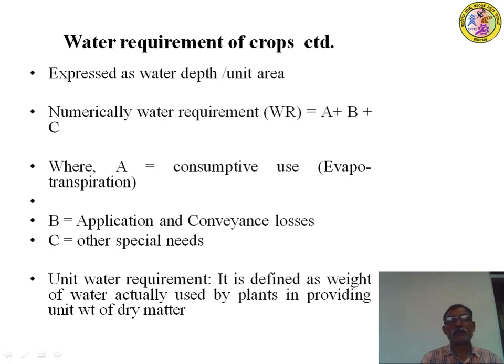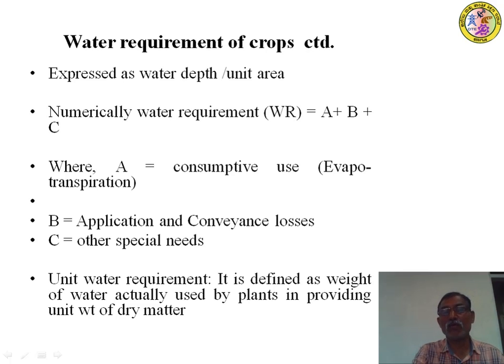It is expressed as water depth per unit area. Numerically, water requirement is equal to A plus B plus C, where A is consumptive use or evapotranspiration, B is application and conveyance losses, and the third one is other special needs.